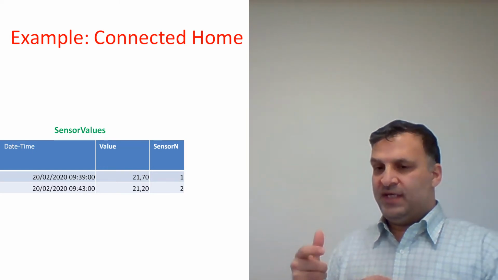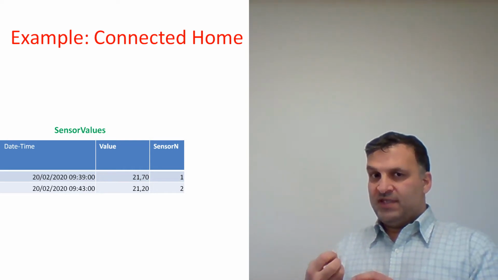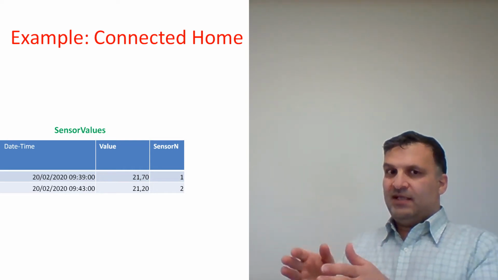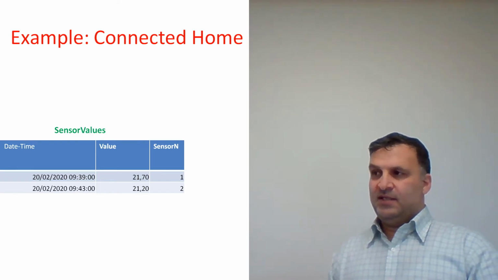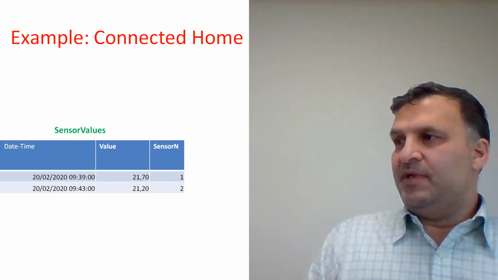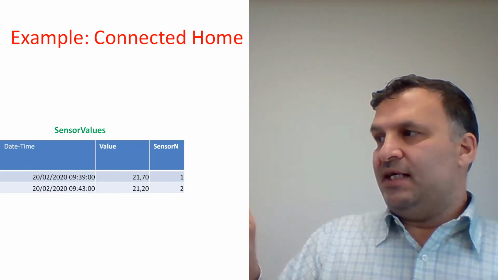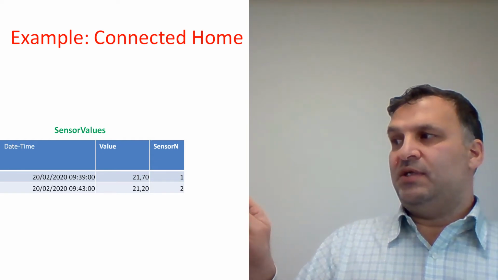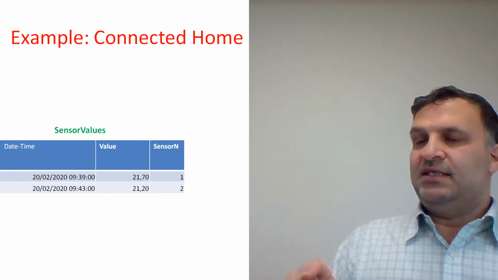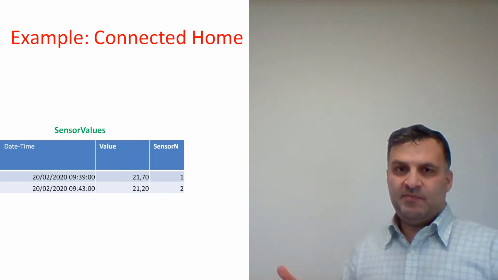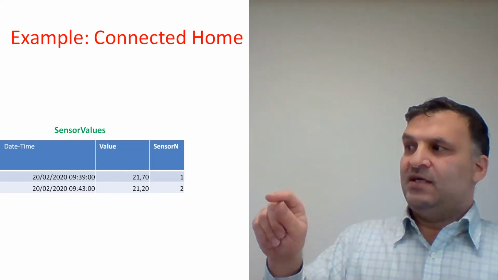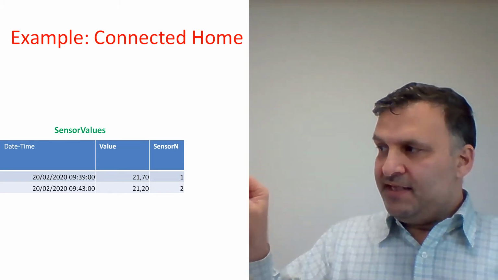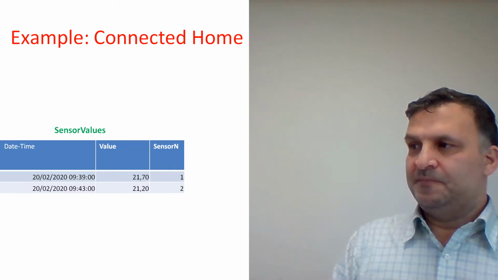So each time we receive a value from our sensor, we register it immediately in this table. So we have, for example, here, in the first line a value that is 21.70. It may be the temperature at this date, that comes from this sensor, the sensor number 1.